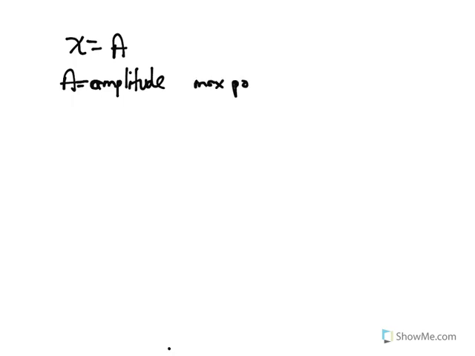So the solution to this equation is X equals A, which is the amplitude, the maximum position it can have in X, times the cosine of omega 0 t plus phi.